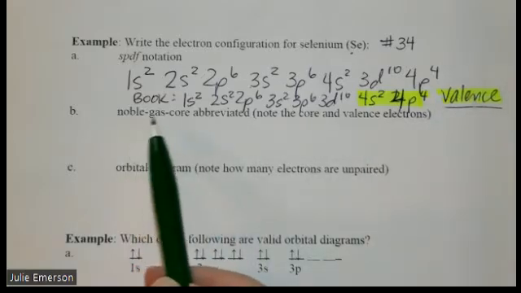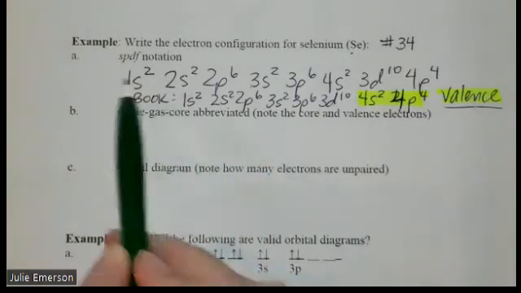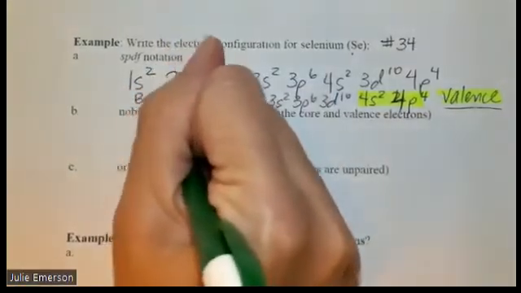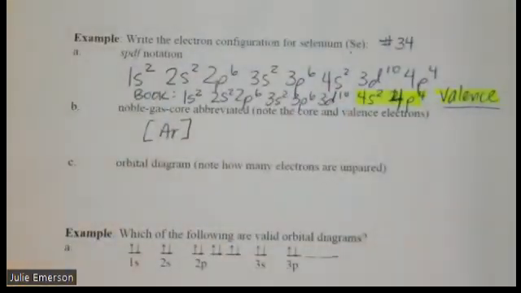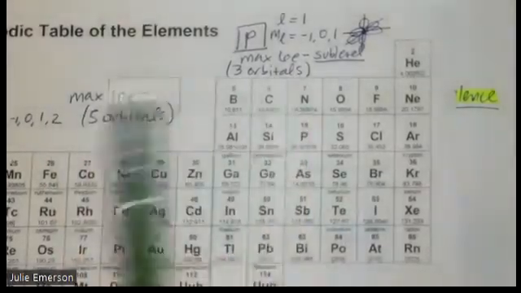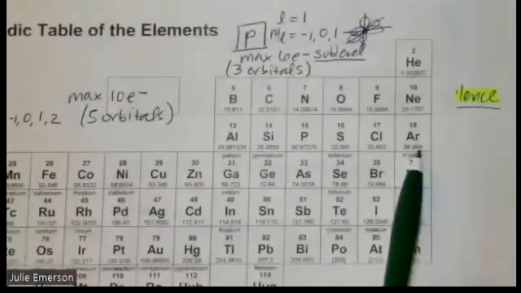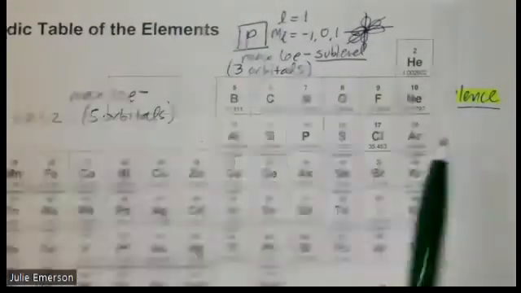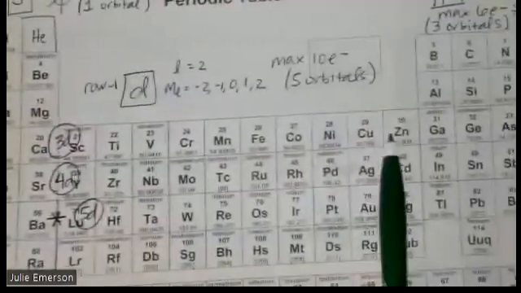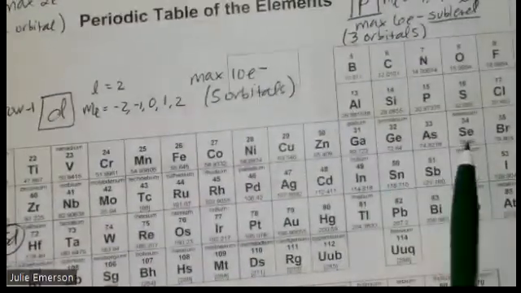All right, now if we do the noble gas core abbreviated configuration, rather than starting at 1s2, we would start, like we said, for selenium, at the argon core. And so that'll save us a little bit of work. So instead of starting 1s2, 2s2 going all the way through, we pick up from argon. So after argon, we have our 4s2, our 3d10, and our 4p4.